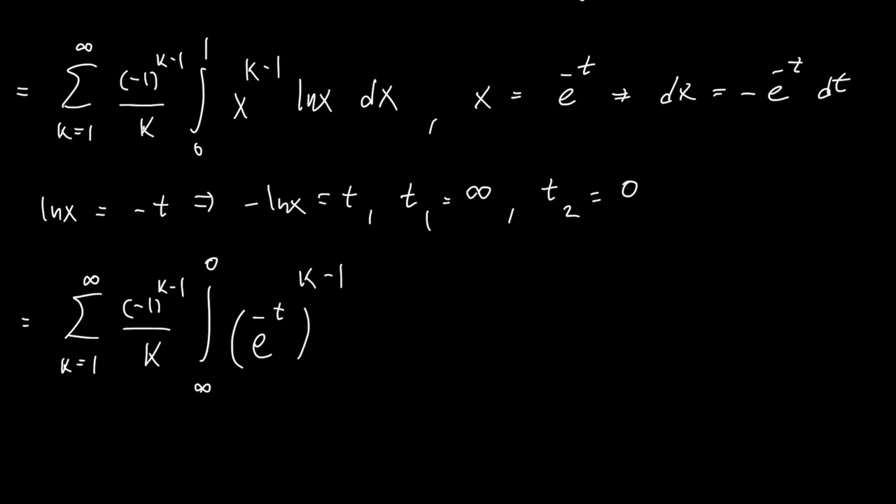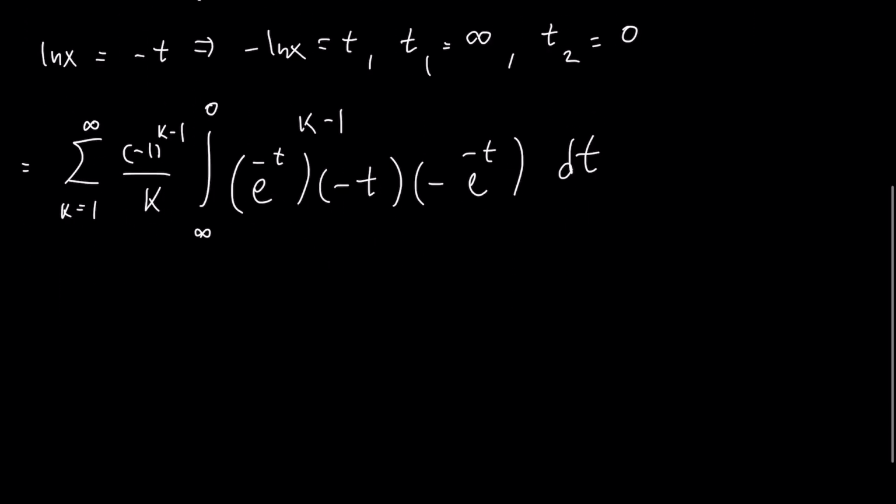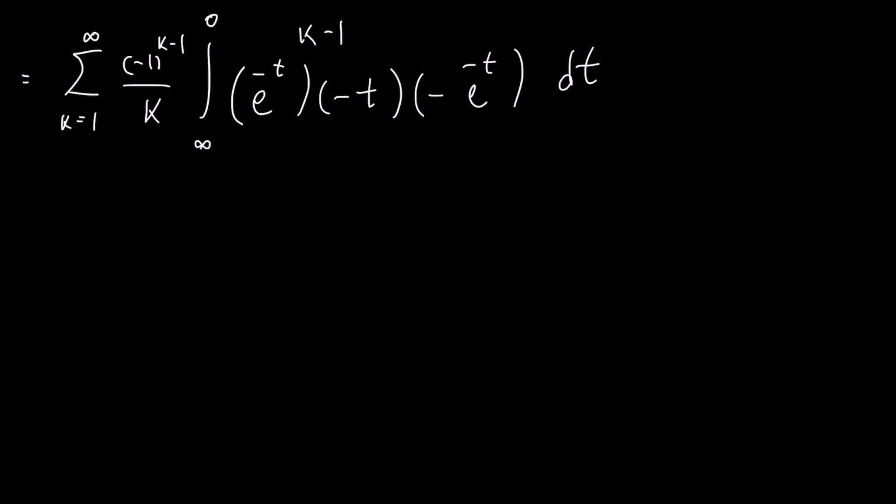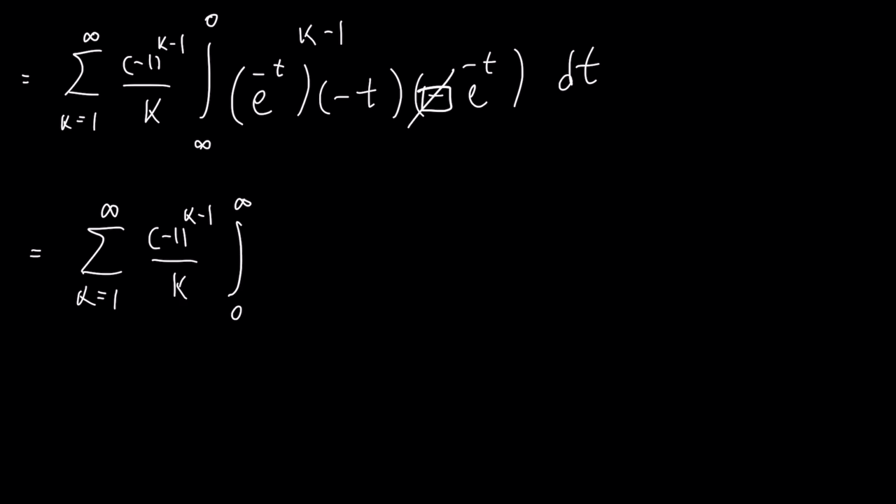Ln x will be times negative t, and dx is a negative e to negative t dt. And I'll use one of these negatives to flip the bounds of integration. So this is equal to the sum from 1 to infinity, negative 1 to the k minus 1 over k, and then the integral from 0 to infinity.